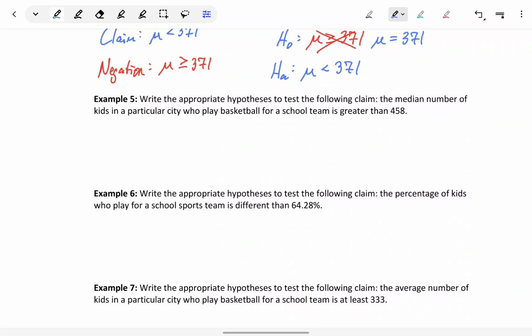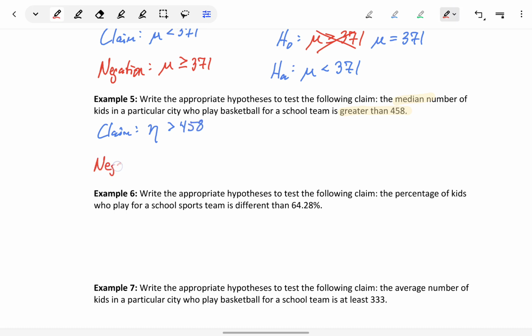In example 5, our claim is that the median number, so we're talking about the median, of kids in a particular city who play basketball for a school team is greater than 458. Our claim in this case is about the population median, so we use that symbol eta, which is greater than 458.